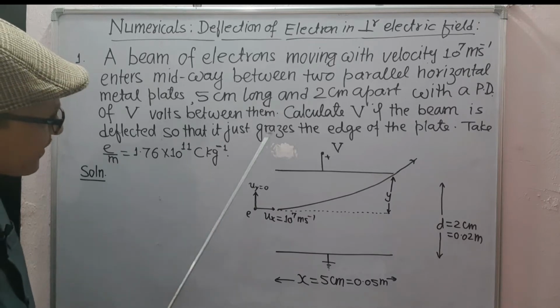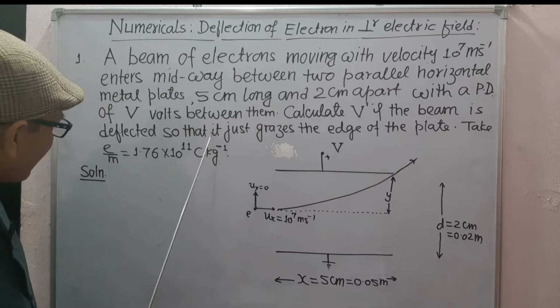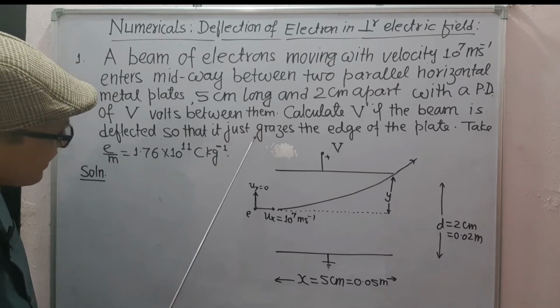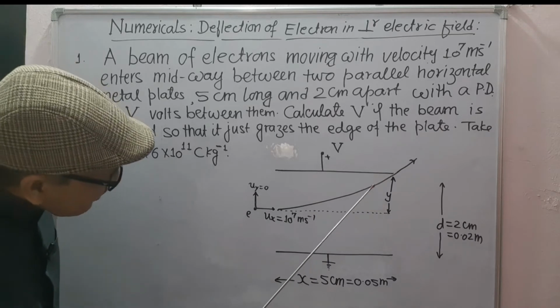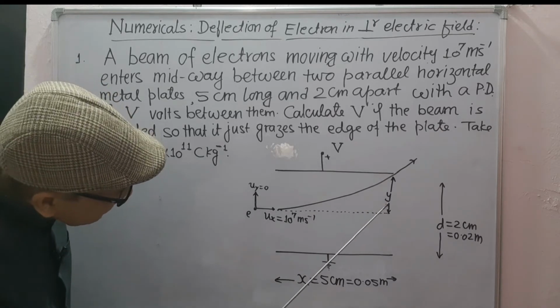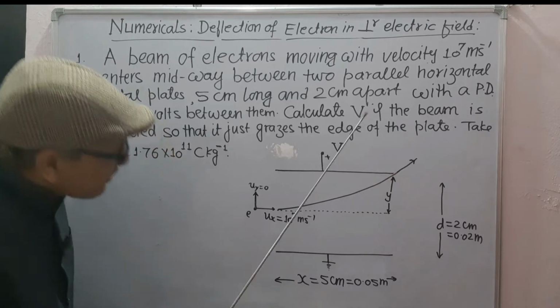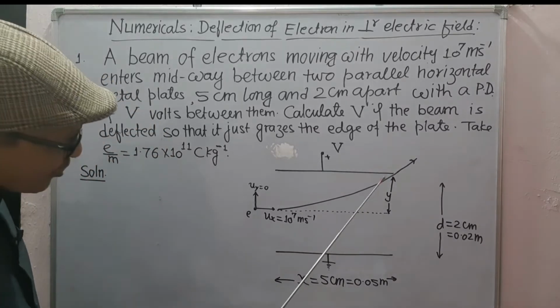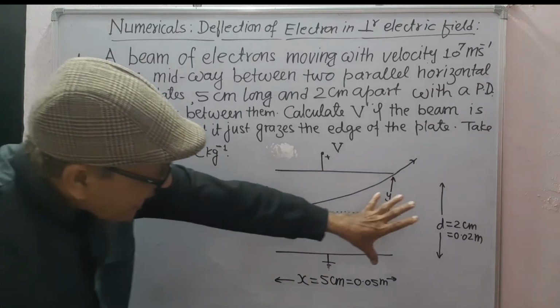Now according to the question, the deflected electron just grazes the edge of the plate. This means that while coming out of the electric field, the beam just touches the edge of the plate. So the deflection y will be half of d.